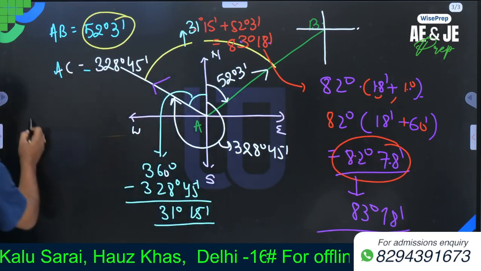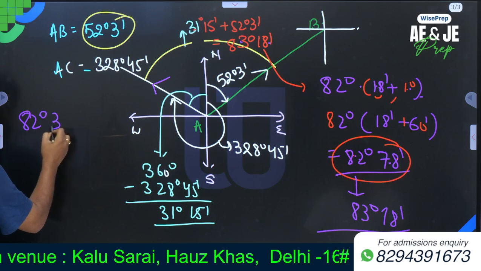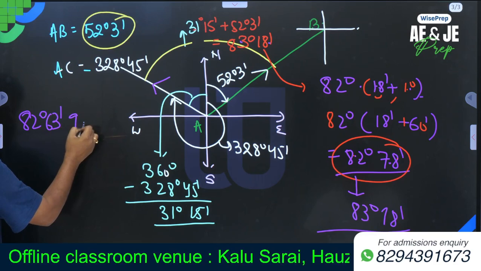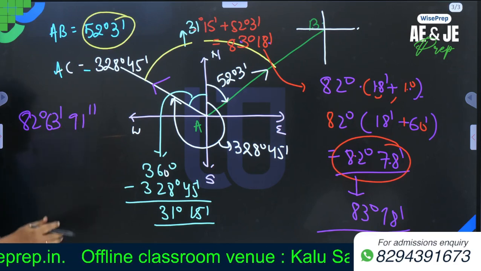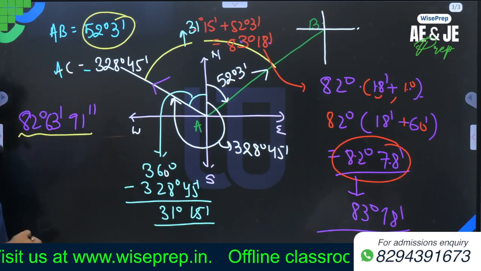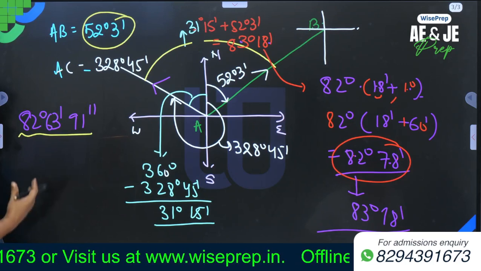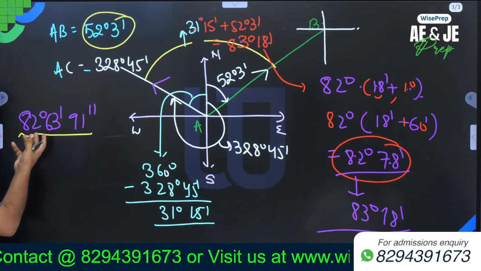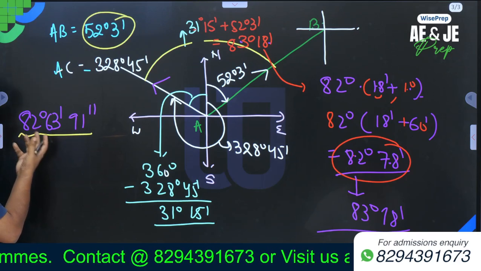Similarly, like this one, 82 degree 63 minute 91 second. All right. Suppose when you are doing the calculations and you are getting this value, then this is the answer. But it may happen that you will not get any of the options to be this value. Okay. Then what will you do?